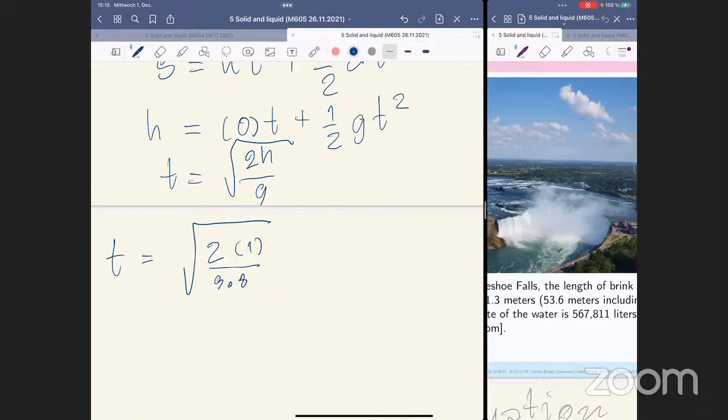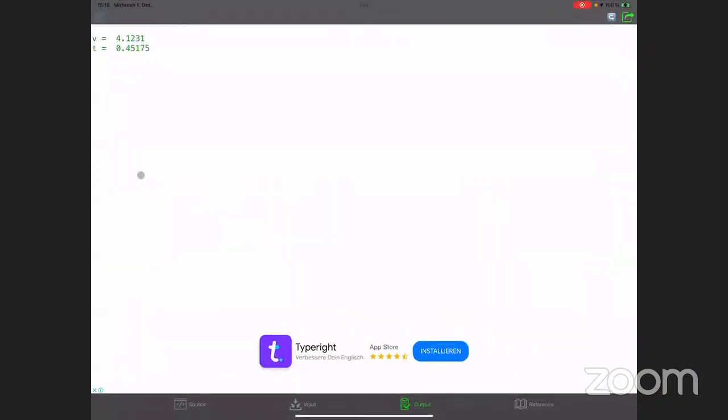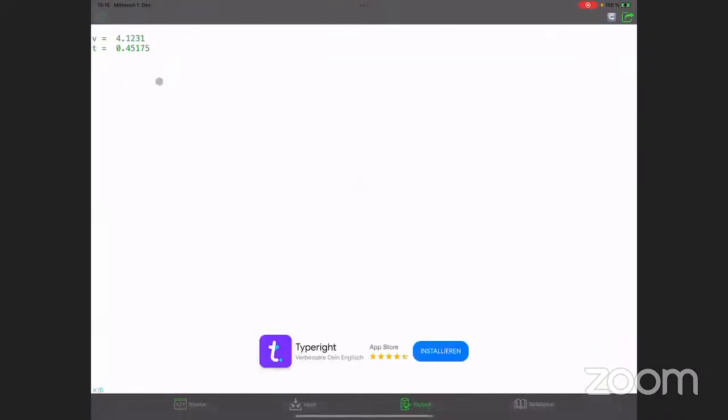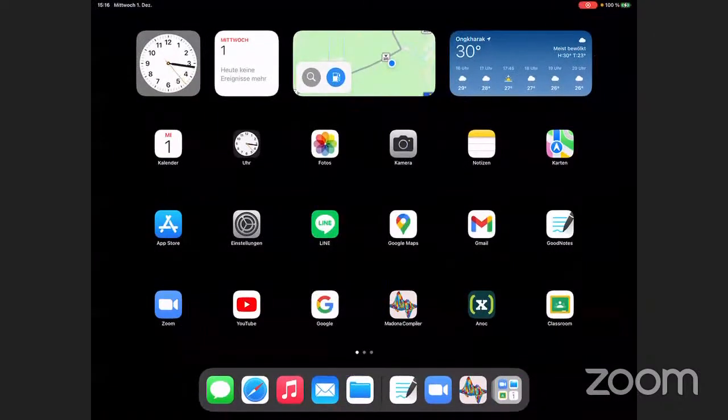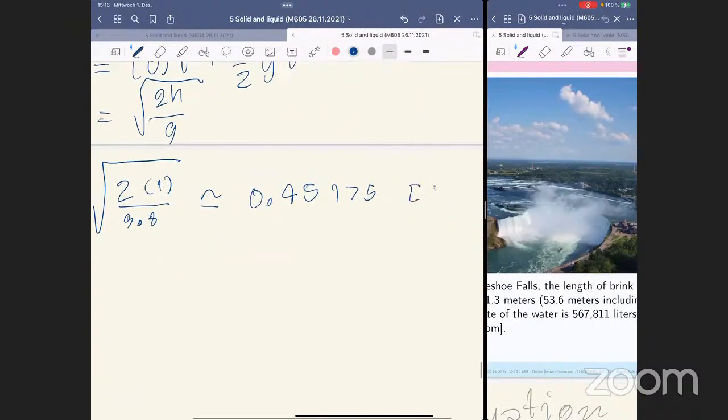You put this calculation into the calculator, and you get 0.45175. The unit for time is the second.